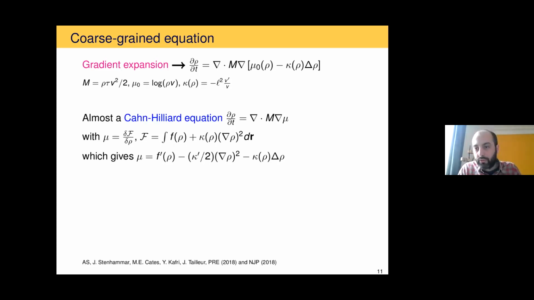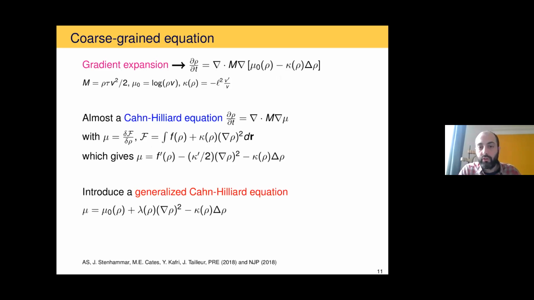So all this is to tell you that in the active case, you cannot write the chemical potential as the derivative of a free energy. This is not too surprising because out of equilibrium, we don't have a free energy.